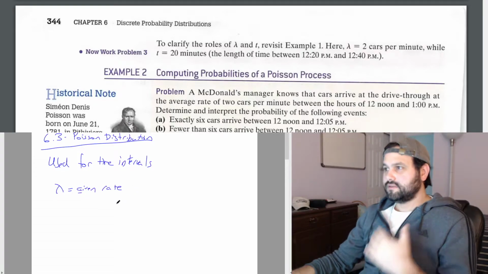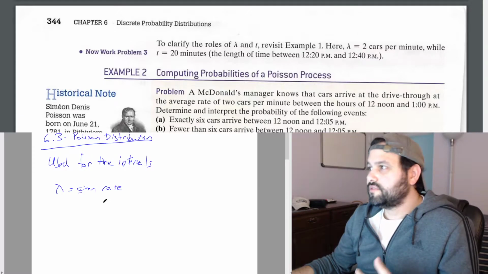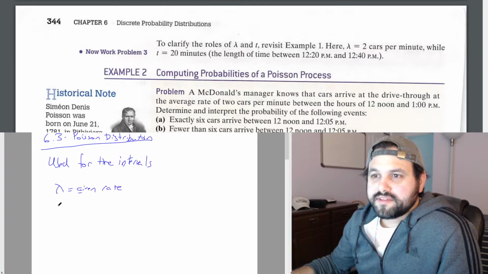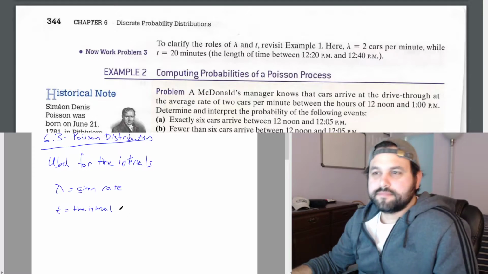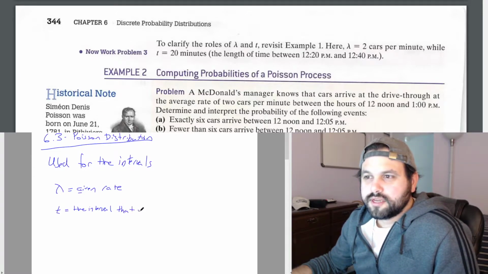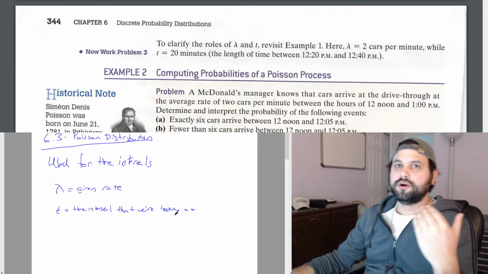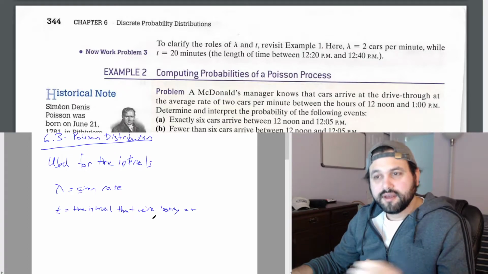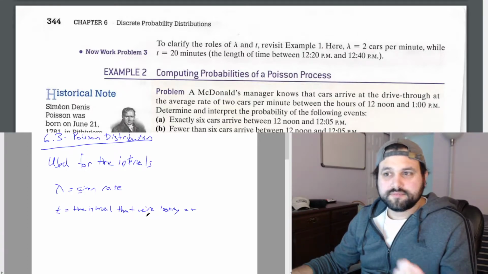In that example, the given rate was the 2 cars per minute. And then the t is the time interval, the time interval that we're looking at. For example, in that example we wanted to know between 12:20 and 12:40, so t would have been 20 minutes.